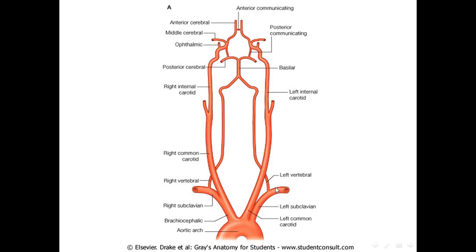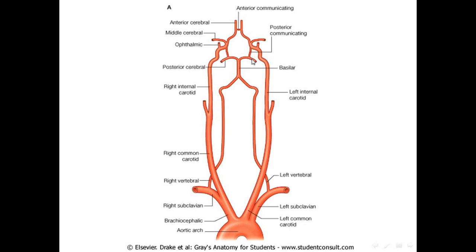The other blood supply system is the vertebrobasilar system. The vertebral arteries, as we mentioned previously, originate from the subclavian arteries, ascend through the transverse foramen of the cervical spine, enter the cranium, then merge to form the basilar artery. Within this area, they supply the cerebellum.